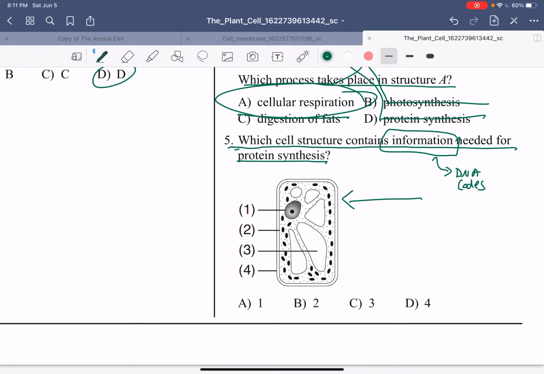They're not talking about protein synthesis, so they don't even have the ribosome labeled. These are the ribosomes where protein synthesis happens. But whenever you see a question asking about where's information, they're talking about DNA, which is always found in the nucleus, which is 1.